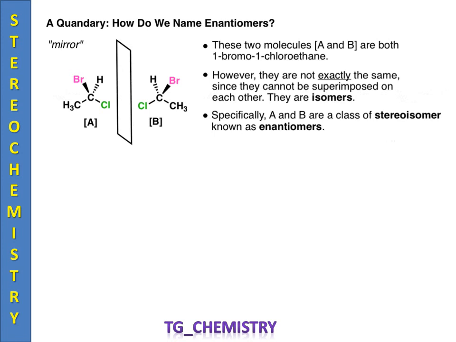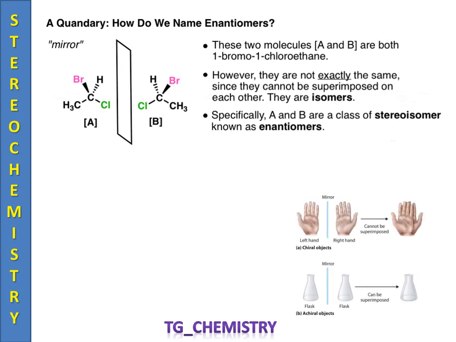Here in the structure you can see 1-bromo 1-chloroethane and two molecules of that, A and B, which are mirror images of each other. However, they are not exactly the same and they cannot be superimposed on each other. So those stereoisomers A and B are known as enantiomers.